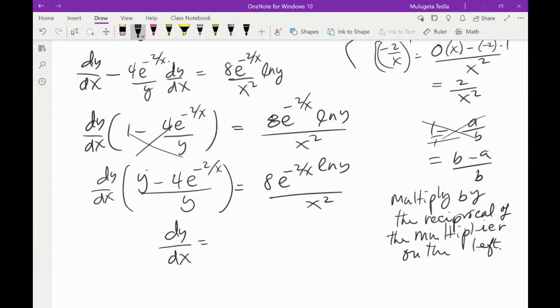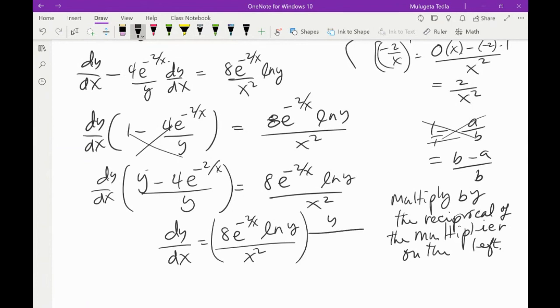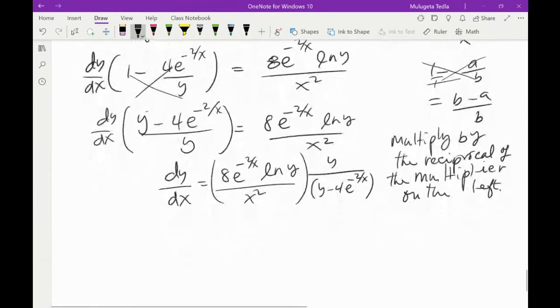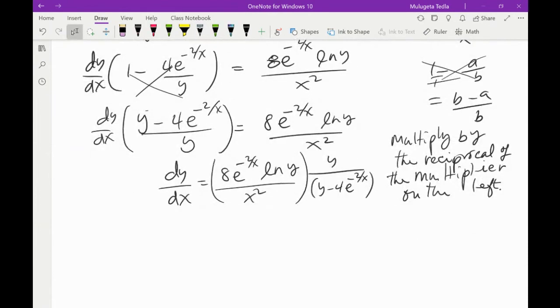If you multiply that to the right hand side, 8e to the minus 2 over x ln y over x squared times y over y minus 4e to the minus 2 over x. You're flipping the fraction before you multiply it because we are multiplying by the reciprocal.